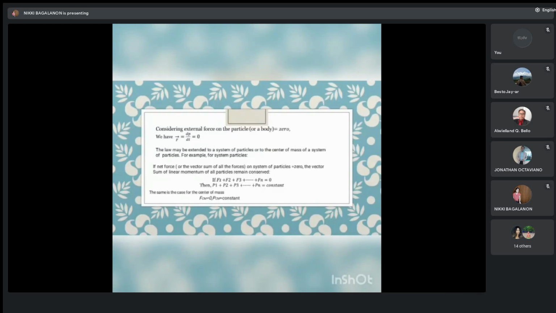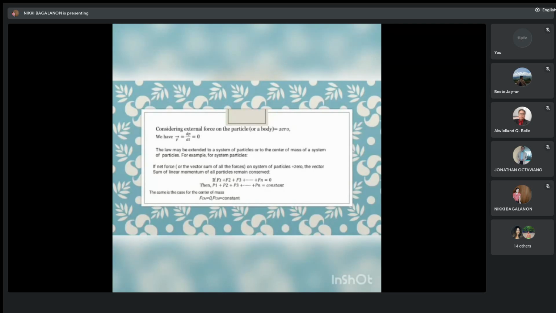For a system of particles, if the net force, or the vector sum of all the forces on the system, equals 0, the vector sum of the linear momenta of the particles remains conserved.